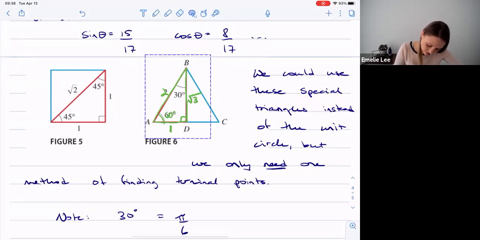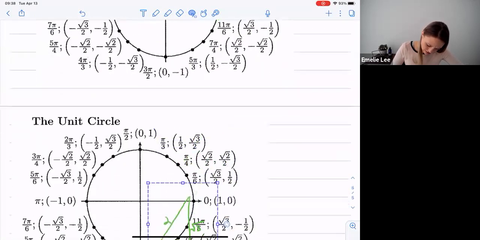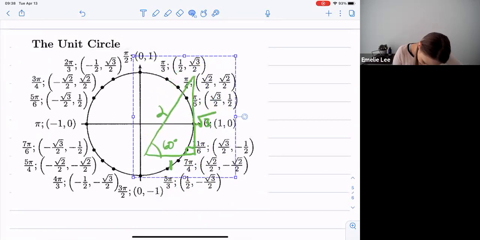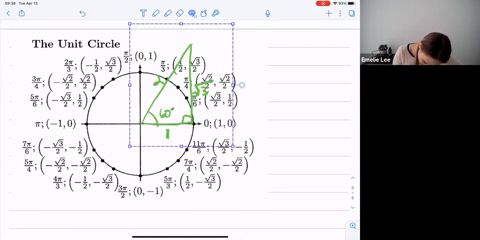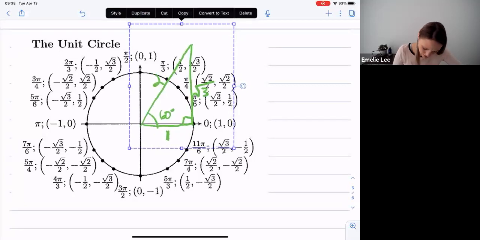Notice that I'm leaving the 30 degrees for a little bit. And I think I'm going to have to stretch this out here just a little bit.